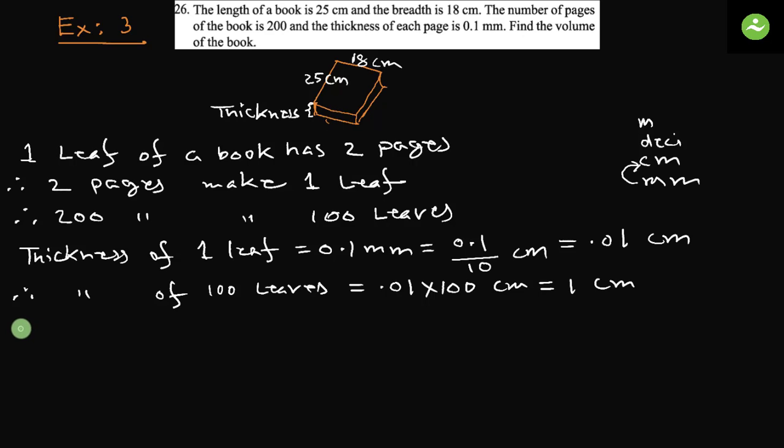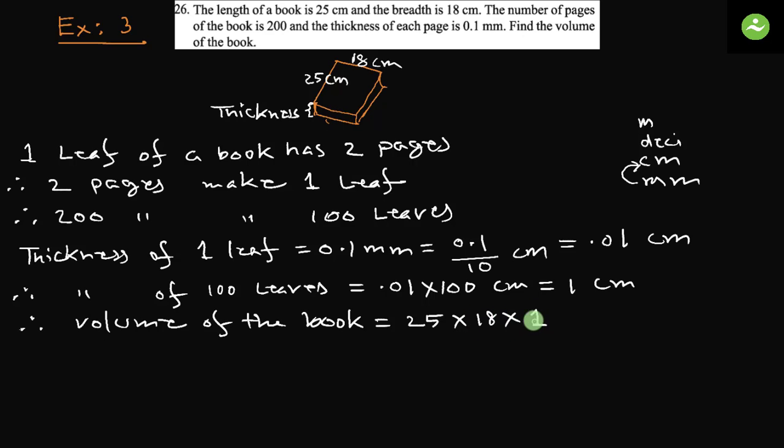Therefore, now we got thickness, we got length, we got breadth. Therefore, volume of the book equals 25 multiplied by 18 multiplied by 1, all centimeter.